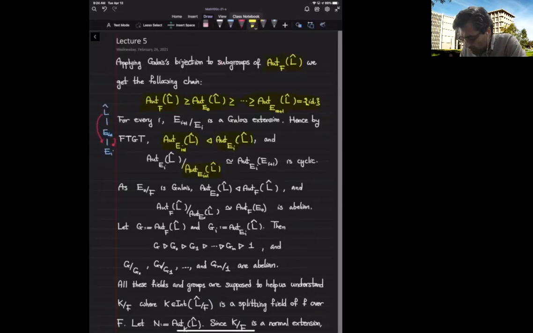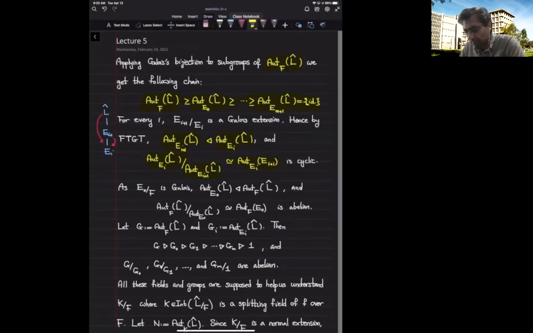This part of the argument we've seen before: the quotient of the E sub i linear automorphisms of L hat modulo the E sub i plus 1 linear automorphisms of L hat is isomorphic to the E sub i linear automorphisms of E sub i plus 1.